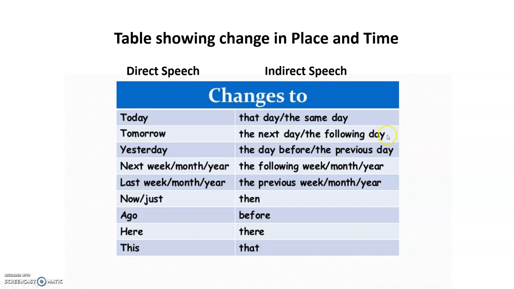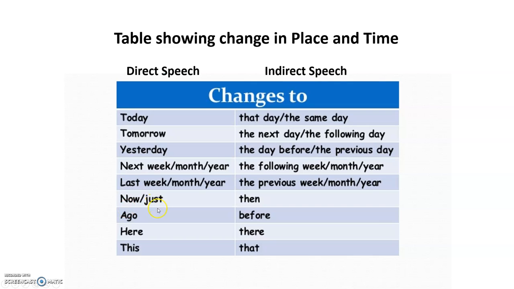We already saw an example. "Yesterday" will become what? "The day before" or "the previous day." "Next week, month or year" becomes, in indirect, "the following week, month or year." "Last week, month, year" will become "the previous week, month or year."